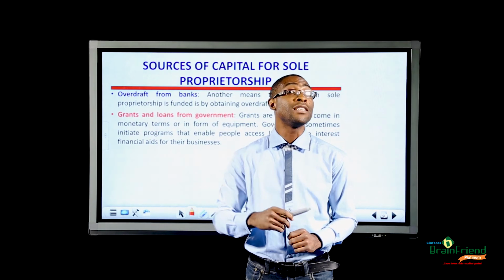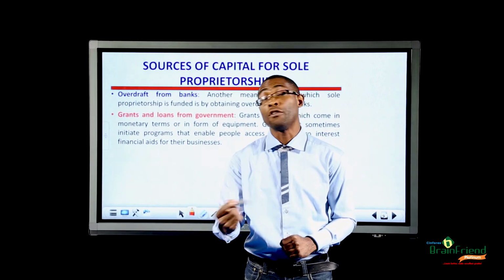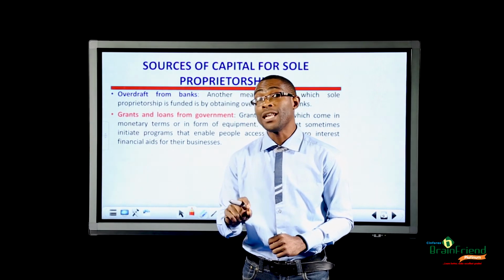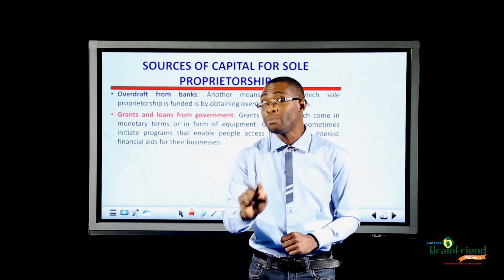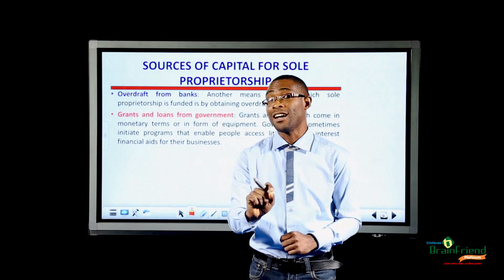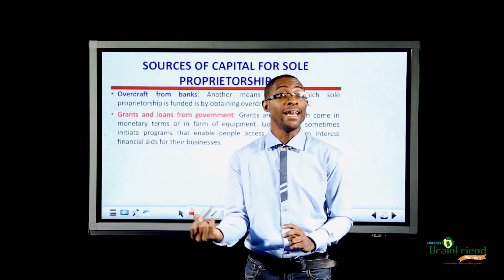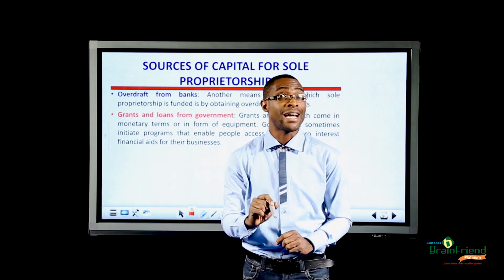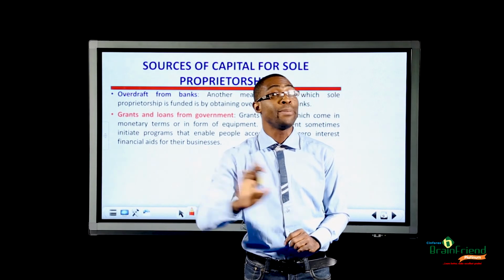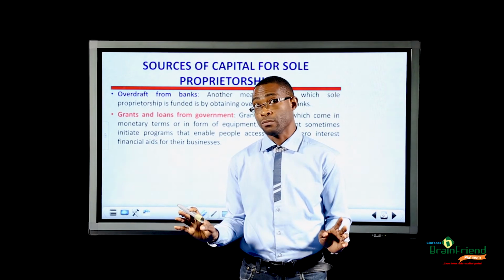So an overdraft in this case is the ability of a customer to actually withdraw money from his bank account when his account is 0 naira, in a bid that when an income comes into the account, the bank will debit his account for the money so given.